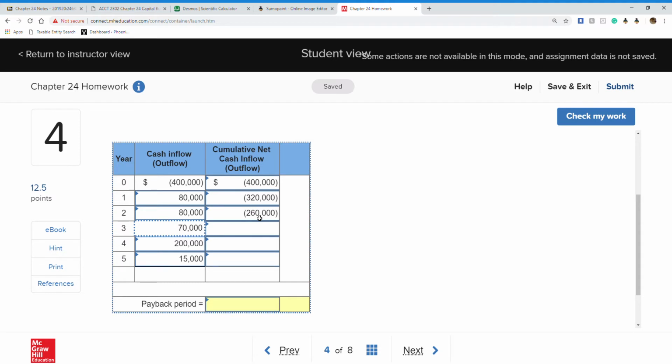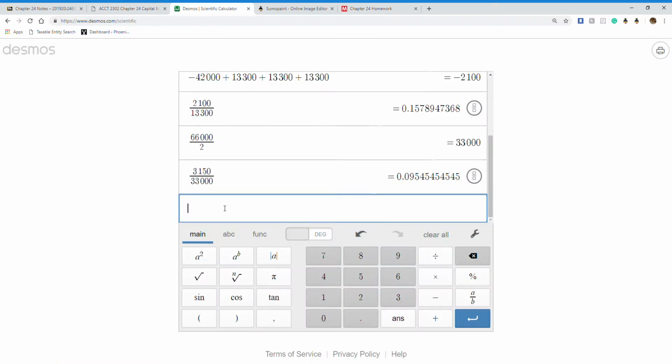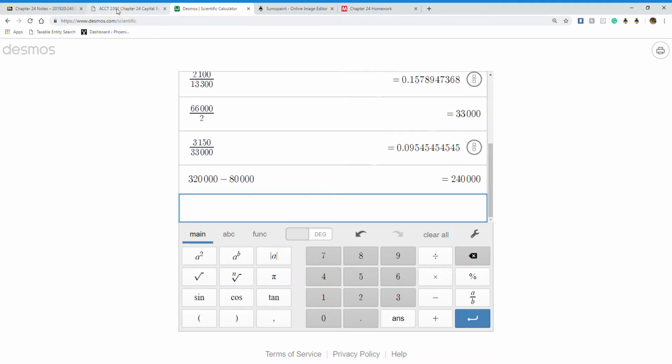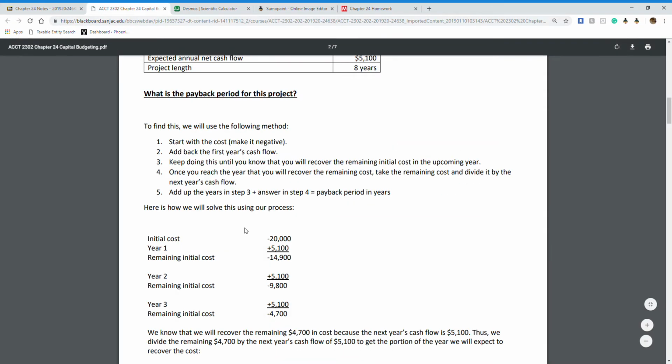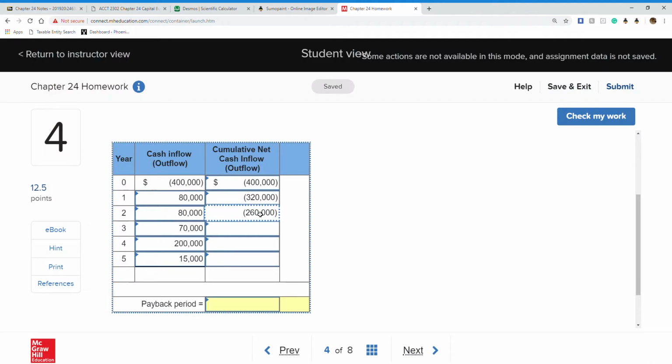Should be a negative 260. I think, maybe. No, that's not right. 320 minus 80 is 240.